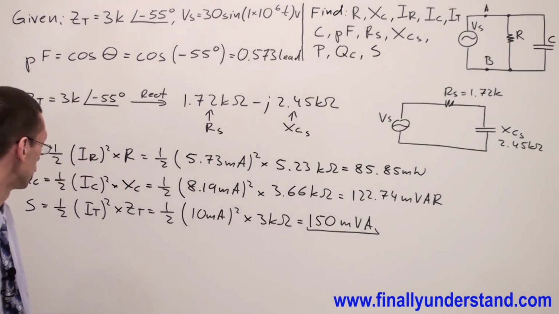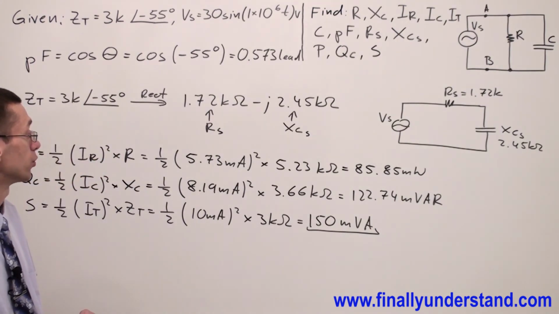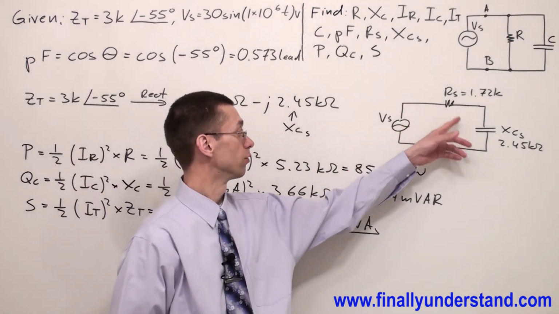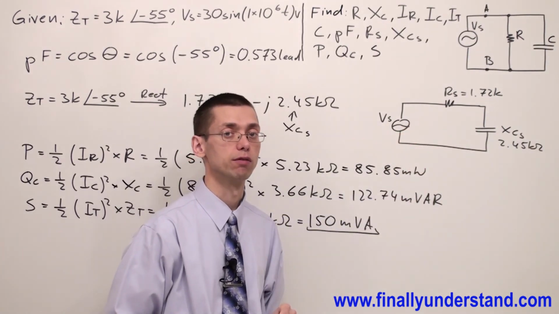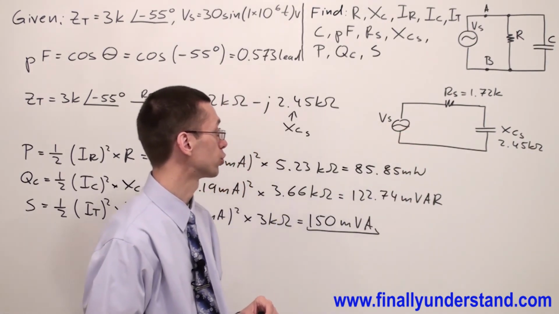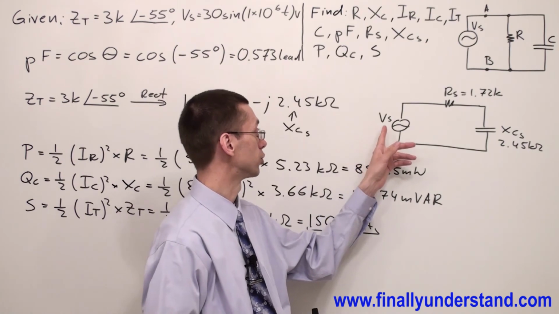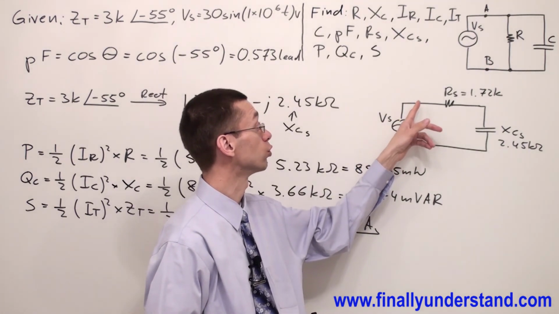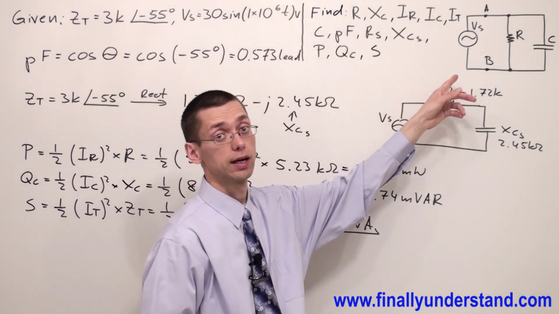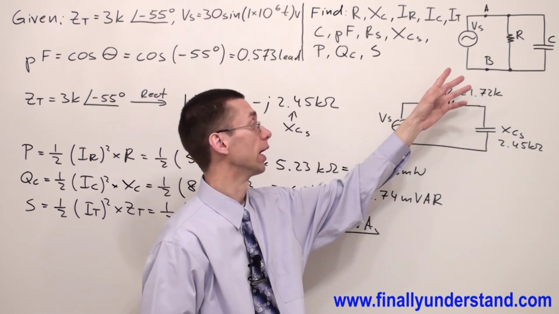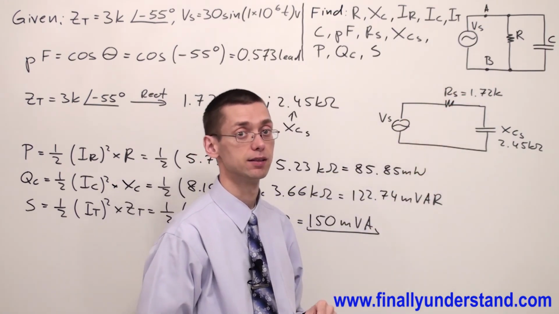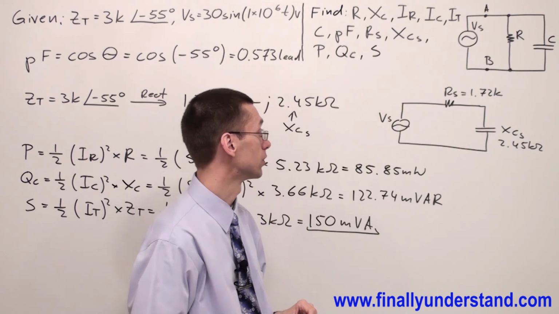The other way to find them is using the values from my series equivalent circuit. What you're supposed to do is realize that the total current in this circuit is going to be equal to total current in my parallel circuit. Why? Because both of them have exactly the same total impedance.